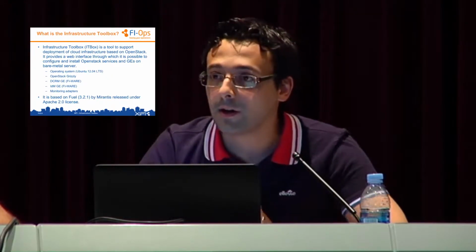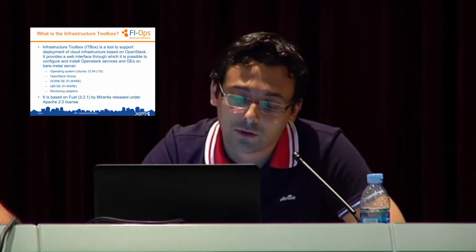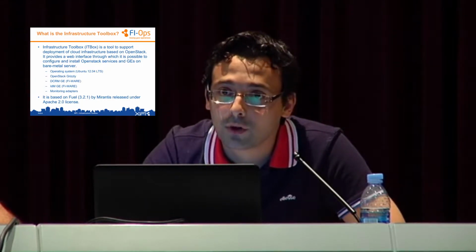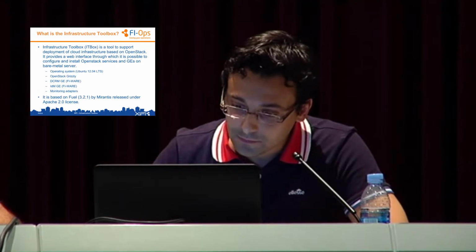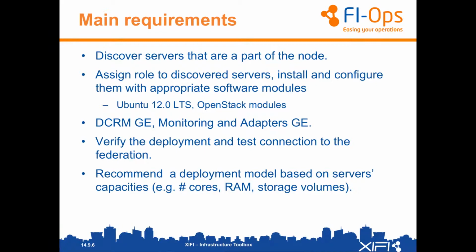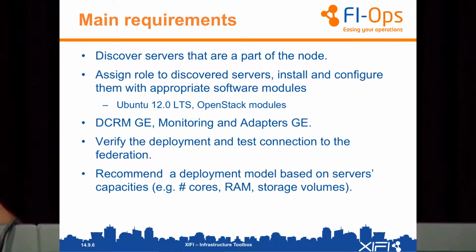It is based on Fuel 3.2.1, developed by Mirantis. It is released under the Apache 2.0 license. The main requirements are to discover servers, assign a role to the discovered servers, and install and configure them with the appropriate software modules: the operating system and OpenStack modules.